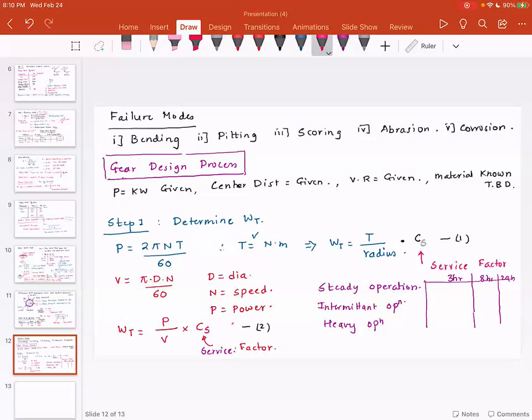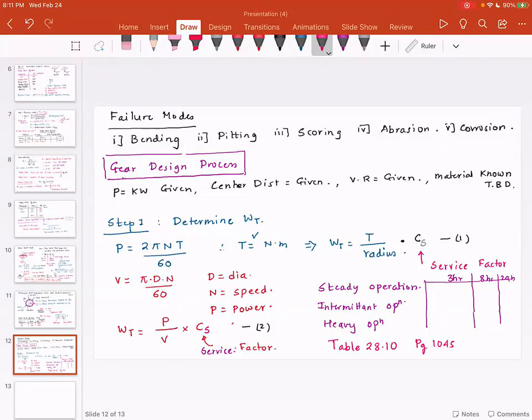And the service factor Cs is given in table 28.10, which is on page 1045. So this service factor is like an overloading factor. When we design, what type of duty cycle do we expect this gear to sustain? So how much overload can we expect this gear pair to sustain?